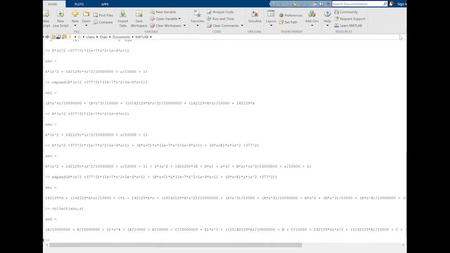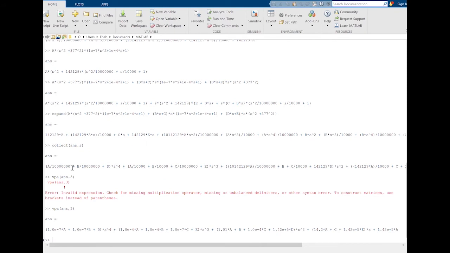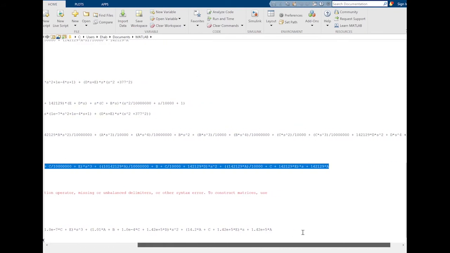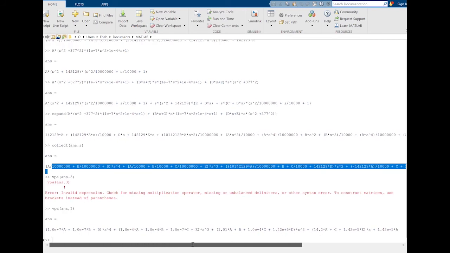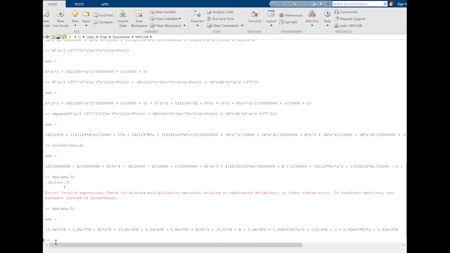Okay, so we said this is what the numerator is going to look like. I was interested in seeing if we can represent it using decimal numbers. It turns out we can. There's a function called VPA that allows us to do that.